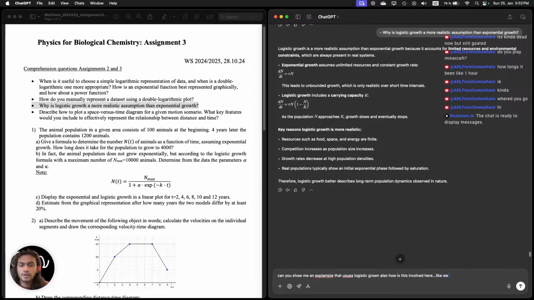Like we were at the linear, power, and one more, exponential power and logistic? No, exponential. There's a new one.